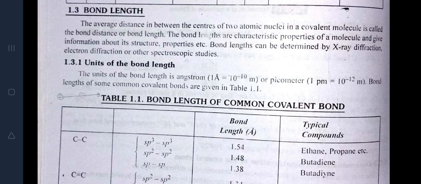The unit of bond length is the angstrom. 1 angstrom is equal to 10 raised to the power minus 10 meter, or the picometer. 1 picometer is equal to 10 raised to the power minus 12 meter.